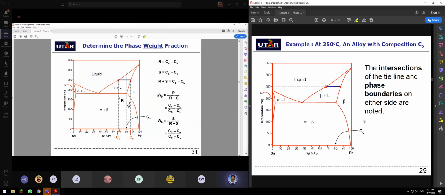Okay, so for the weight percentage of beta, you have to find the phase amount, the weight fraction of beta. Here, use the lever rule. So here, this is R, C0 minus CL, divided by the whole R plus S, which is CS minus CL.